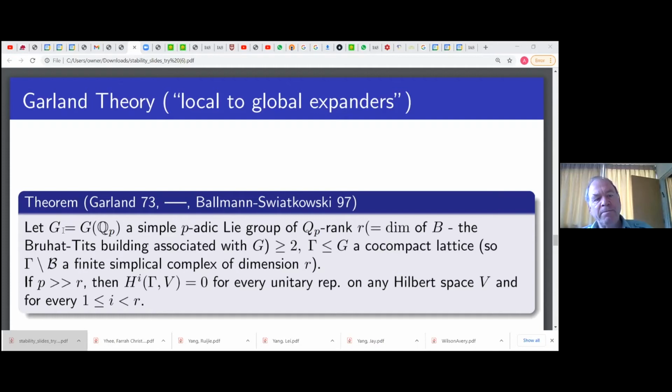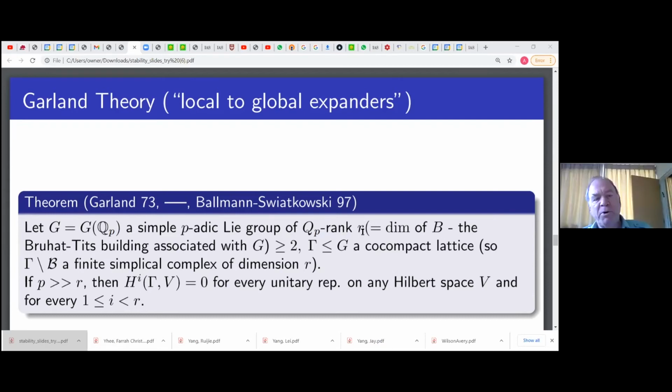Let G be a simple algebraic group over the p-adic numbers. Let's say SLN over the p-adic numbers, or Sp over the p-adic numbers, or whatever, of rank R. What is rank? It doesn't matter. For SLN, the rank is n minus 1.